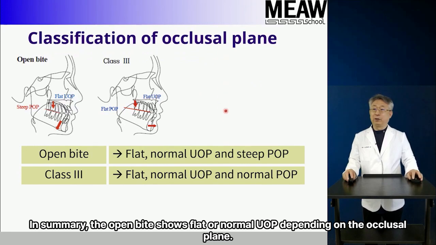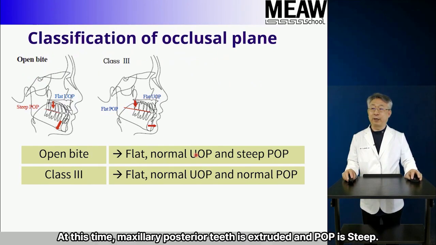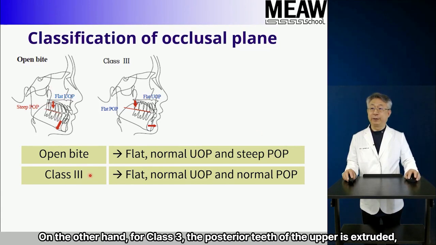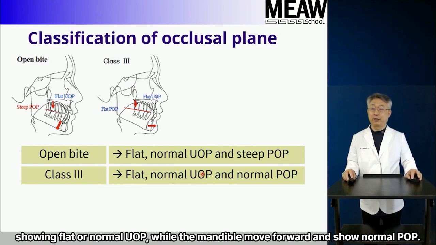In summary, the open bite shows flat or normal UOP depending on the occlusal plane. At this time, maxillary posterior teeth are extruded and POP is steep. On the other hand, for Class 3, the posterior teeth of the upper are extruded, showing flat or normal UOP, while the mandible moves forward and shows normal POP.